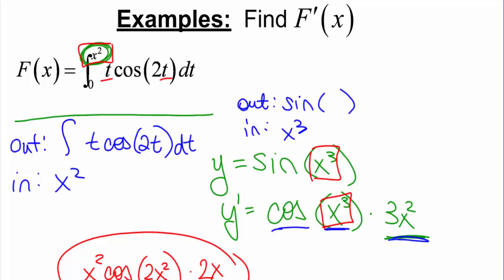I also need the integral from 0 to, and then this is where it's weird, I just have 0 to something, right? There's the blank. So this entire integral is your outside function. And when you take its derivative, you're taking the derivative with the fundamental theorem of calculus. So when you go to take the derivative of this integral, you get back what you started with.